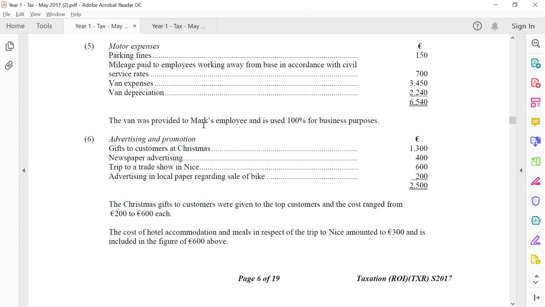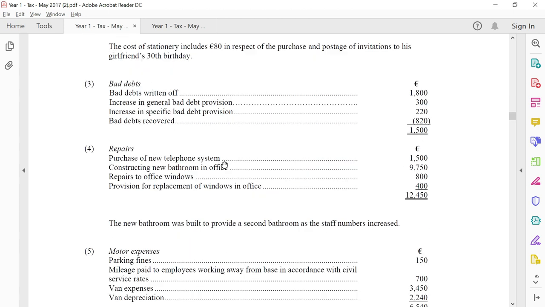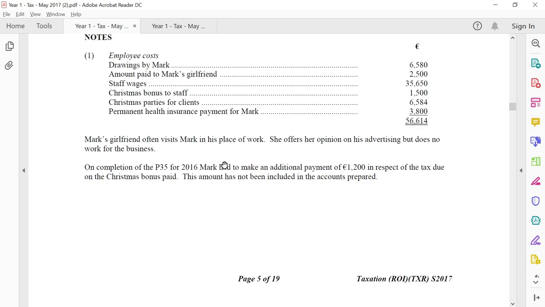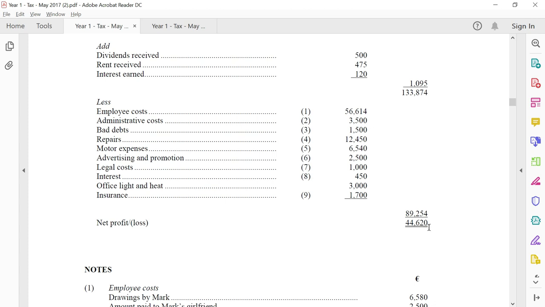The reasoning behind it in terms of case law and the legislative basis is above and beyond the extent of this syllabus, but I'm just making you aware of it.